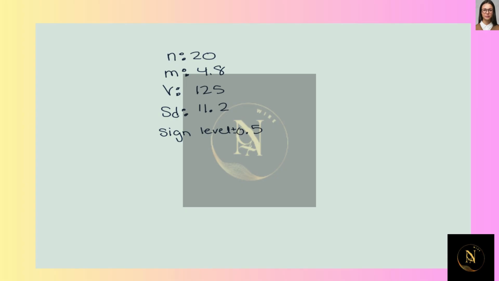Using this significance level, you're going to do 1 minus 0.05 divided by 2, and that's going to be 0.975. Then you look up 0.975 with degrees of freedom of 19. So your t-score is going to be 2.093 when you look at the t-chart.